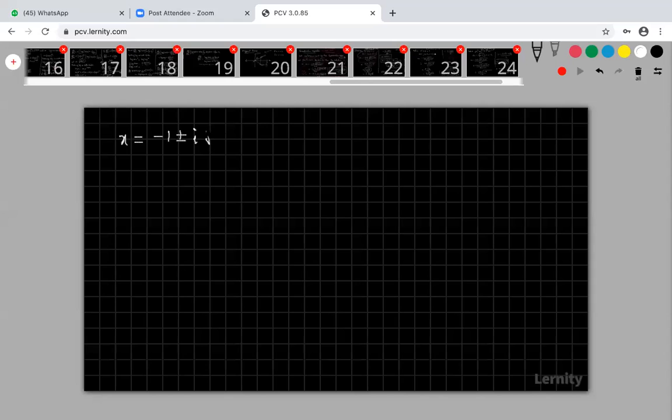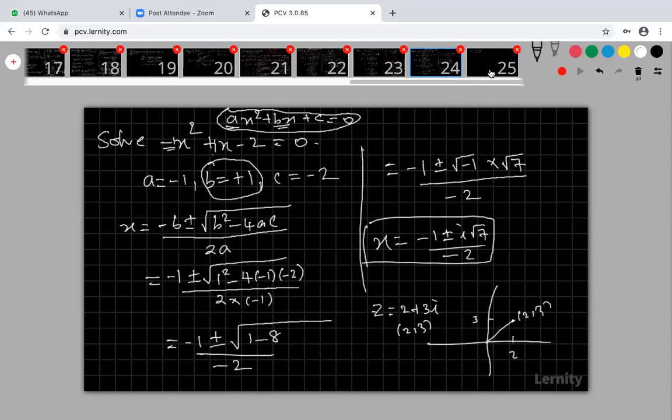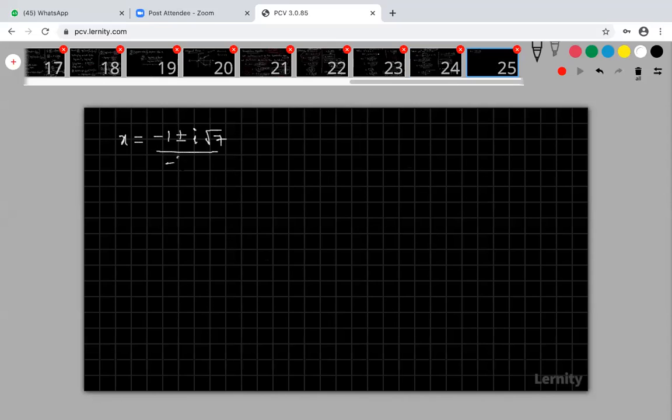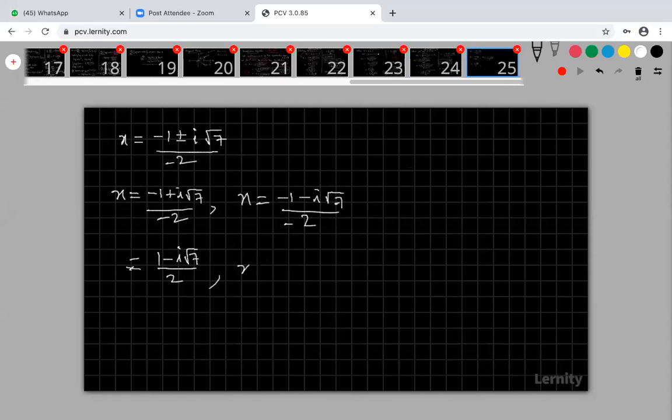Dear students, when you cancel the minus sign, please cancel properly. You can write separately first: x is equal to minus 1 plus i root 7 by minus 2, comma, x is equal to minus 1 minus i root 7 divided by minus 2. Now cancel the minus: 1 minus i root 7 by 2. And if you cancel the minus here, this is 1 plus i root 7 by 2.